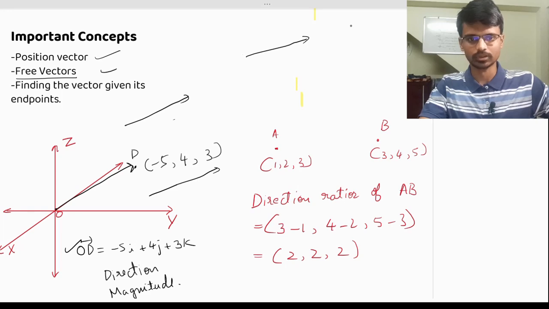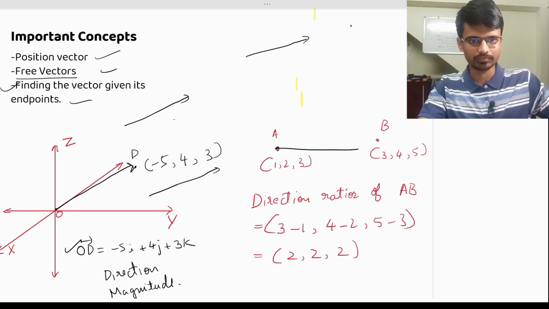Done. Next, moving on, the third concept that I want to recollect is finding the vector given its endpoints. Say we have got these endpoints A and B. So there is a vector AB. How can we find the direction ratios of vector AB?